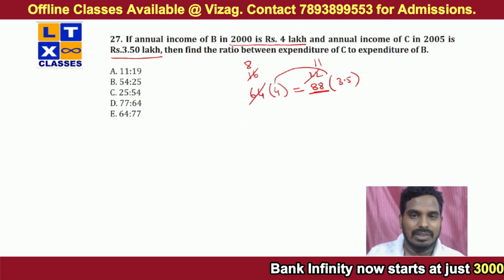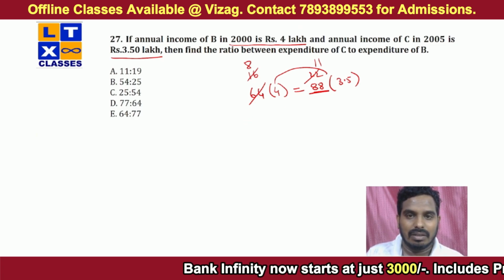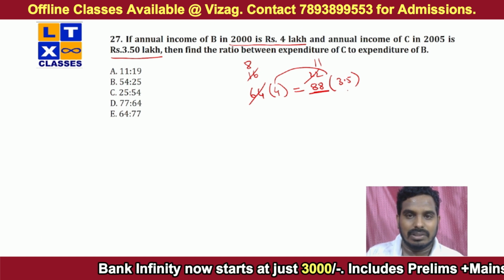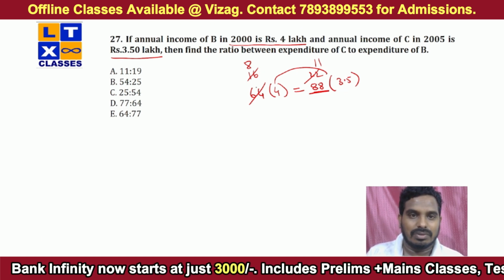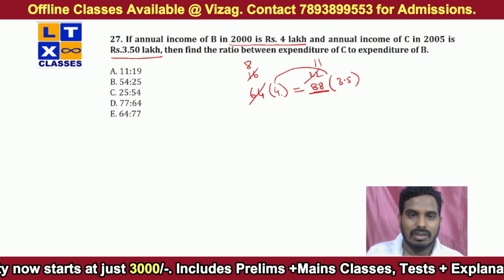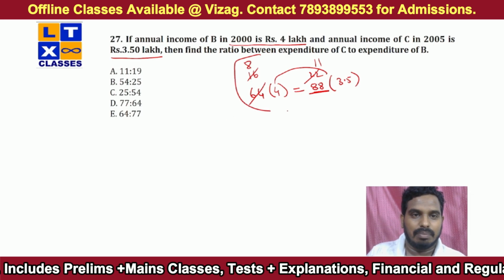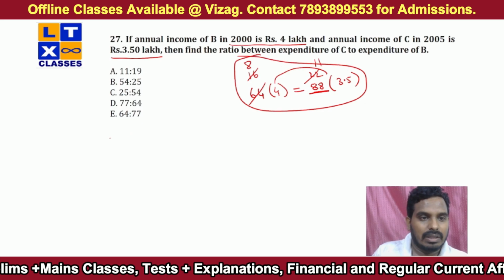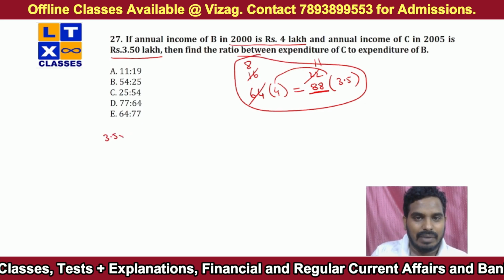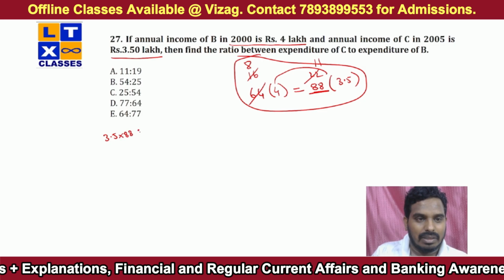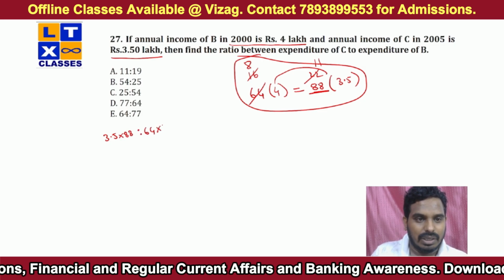Now 3.5 is nothing but 35 by 10, right? 35 by 10, which is 7 by 2. See, I'll write it in a proper way. 3.5 into 88 is to 64 into 4.